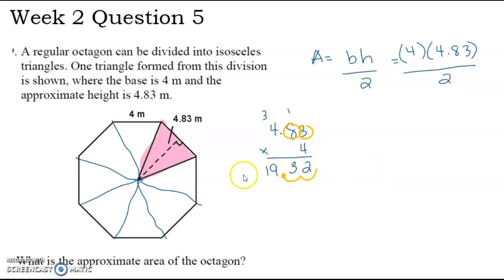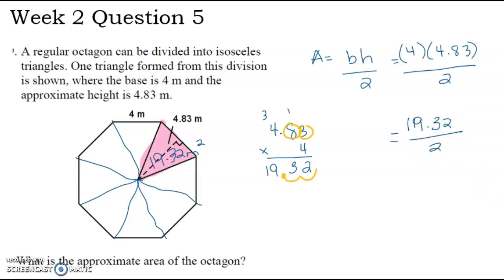So 19.32. What that is saying is this cute little triangle is 19.32 meters squared. But remember, in our formula, we still need to do that divided by 2. So we have 19.32 divided by 2.